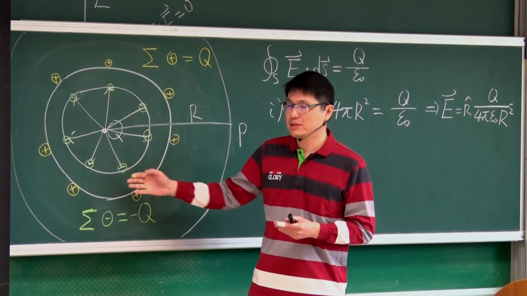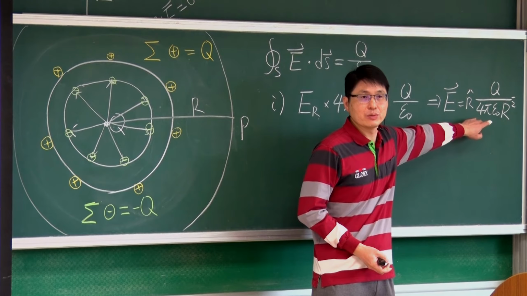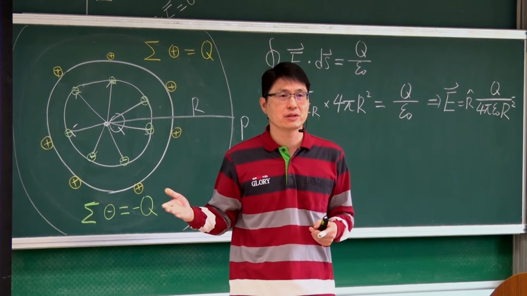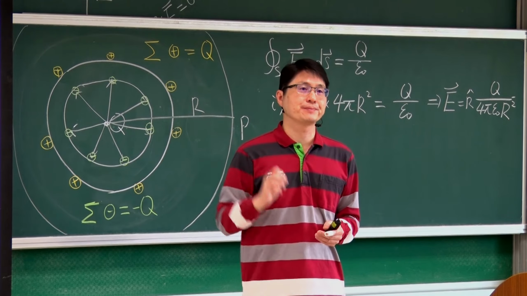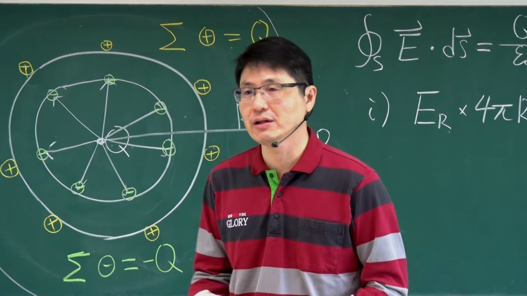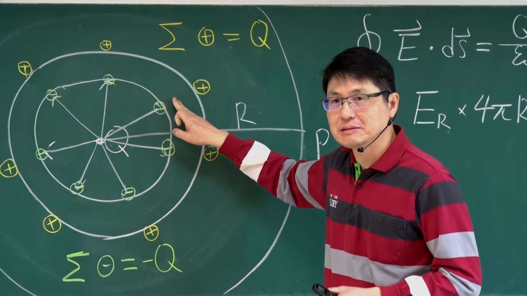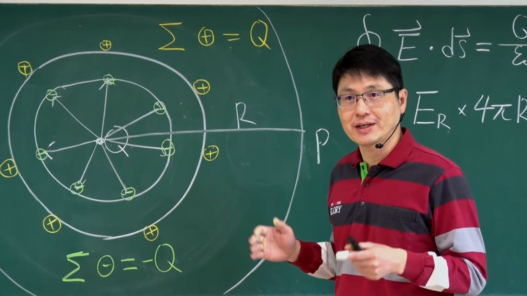So the shell is really doing nothing, right? You still remember this result: Q over 4 pi epsilon 0 r squared is the E field intensity for a single charge. So this is actually telling you, having this shell or not, there's no difference. Okay?